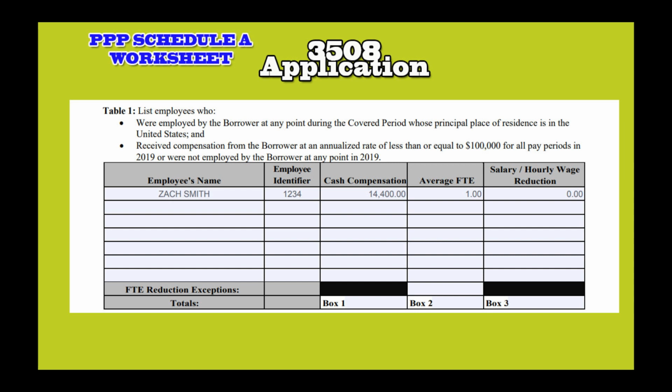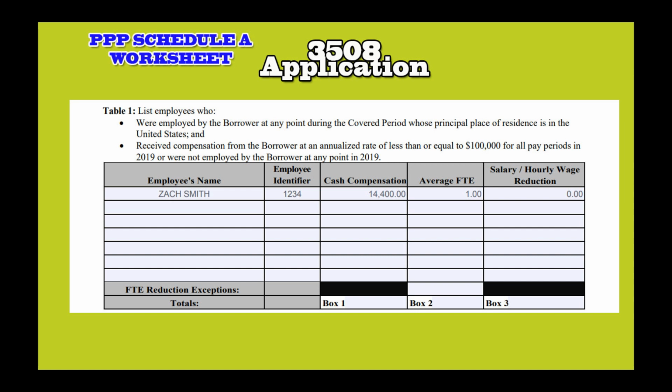Where it says cash compensation, you're going to enter the amount that was paid to this employee for the covered period, okay, from April 20th, 2020 to September 28th, 2020. We're going to enter how much we paid Zach Smith, okay? So you could get this information off your payroll records.